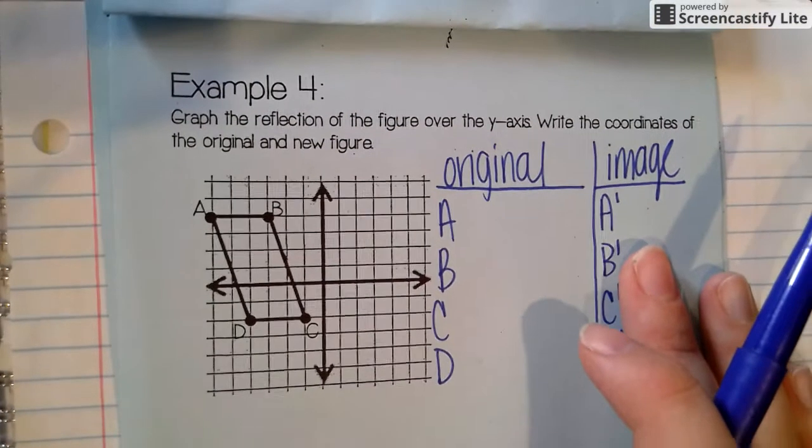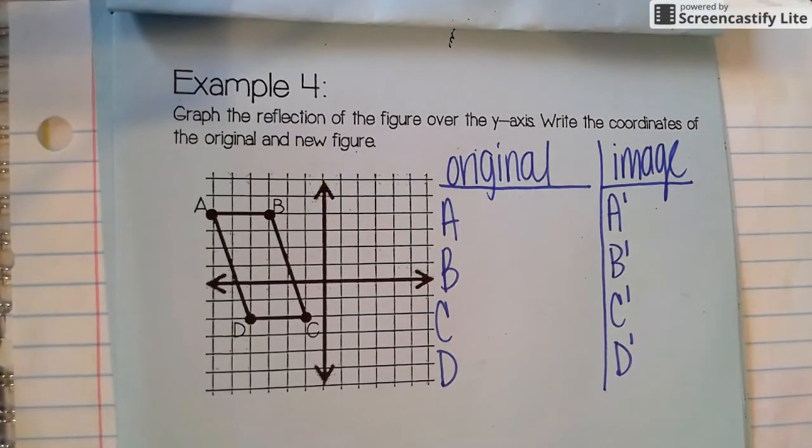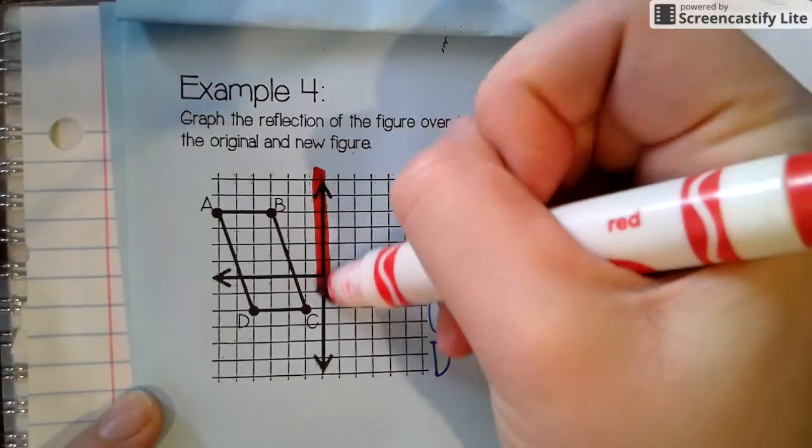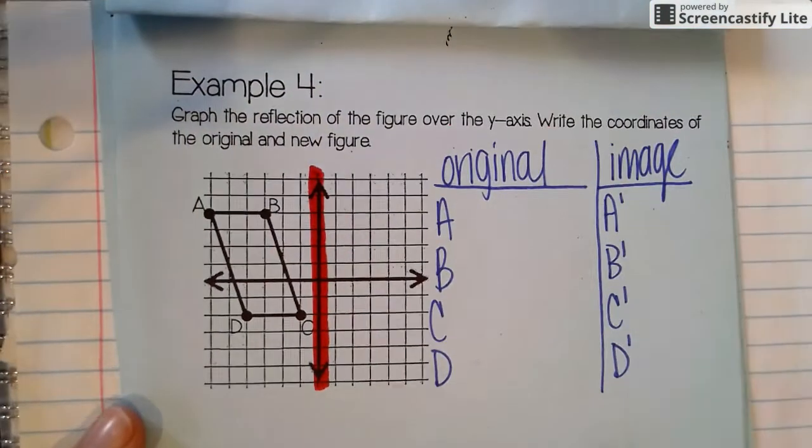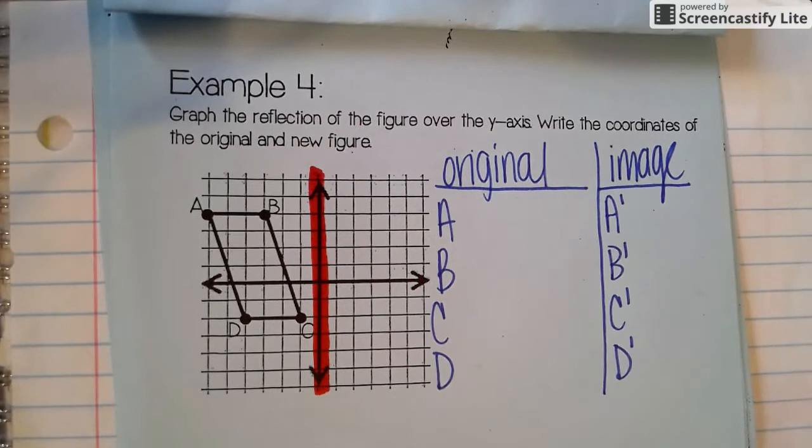Now, for example 4, it says graph the reflection of the figure over the y-axis. So I like to highlight where I'm reflecting across, and you have to make sure you highlight the correct reflection line because that can mess you up. So I'm reflecting across the y-axis, so I have to count how far away those points are.